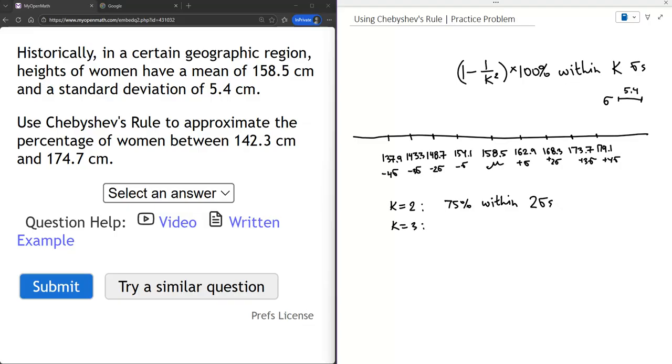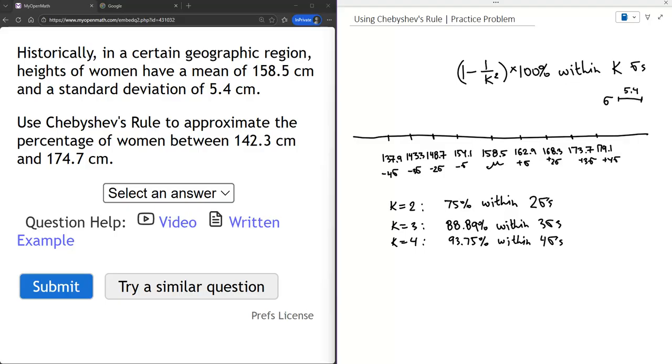For k equals 3, that means 88.9%, I guess, within 3 sigmas, and if we apply it for k equals 4, we're going to end up with 93.75% within 4 sigmas, right? So that's what Chebyshev's rule tells us.